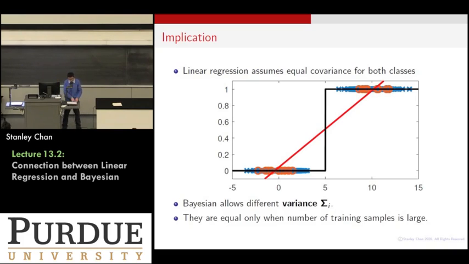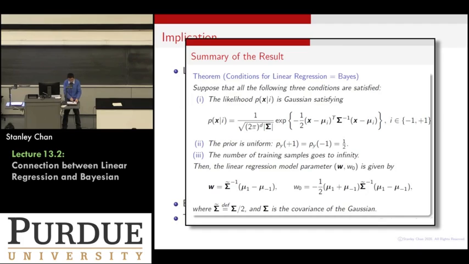Bayesian allows different covariance matrices, but for linear regression, you must assume equal covariance. Then criterion number 2 says that the priors are uniform. You must have half chance of getting class 1, half chance of getting class 2. If you have 90% getting class 1 and only 10% getting class 2, then linear regression may have some issue, as predicted by this theorem.